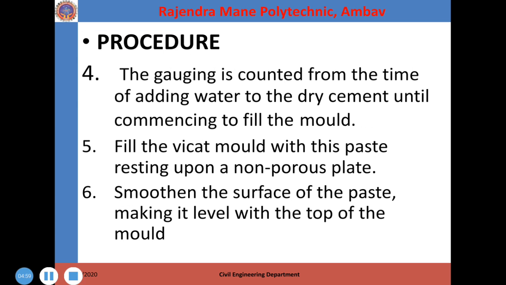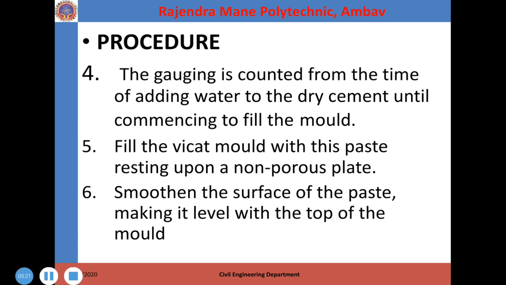The gauging time is counted from the time of adding water to the dry cement until commencing to fill the mold. Fill the Vicat mold with this paste, resting upon a non-porous plate, which is a glass plate.